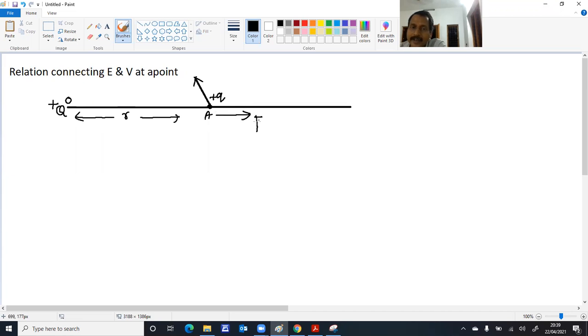This is the electric force, equal to, as we wrote last time, K Q by R square. Here we want a relation between E and V, so I'm just trying to change this term as E. You already learned this, and this is the same as QE at that point.